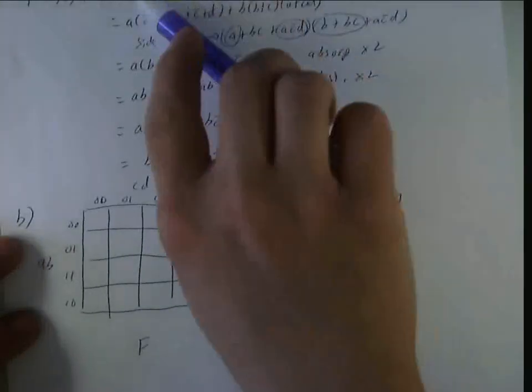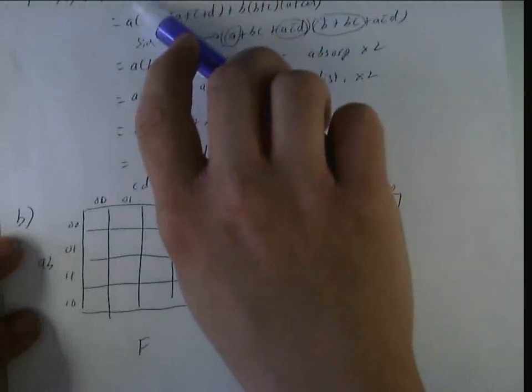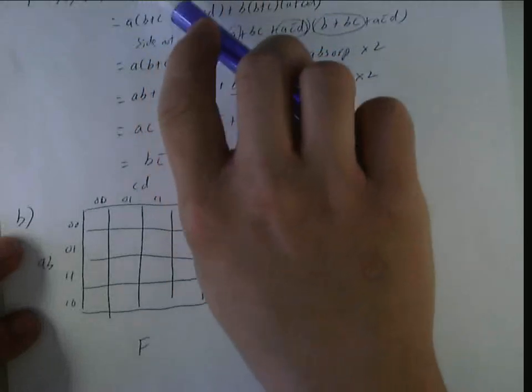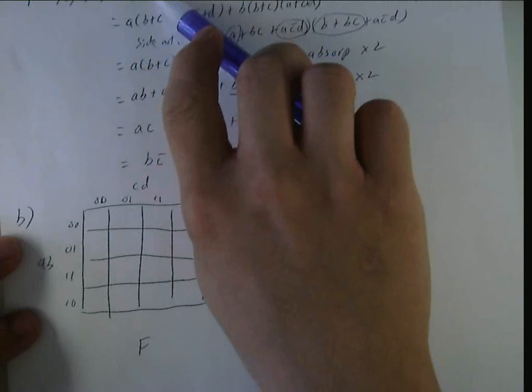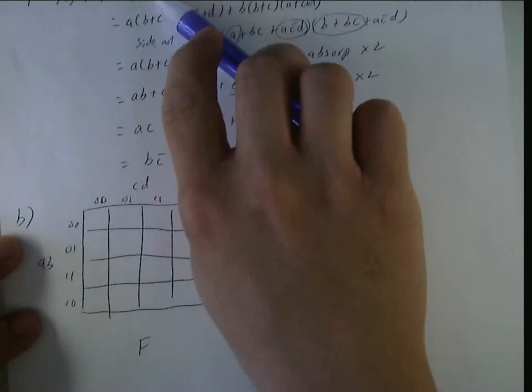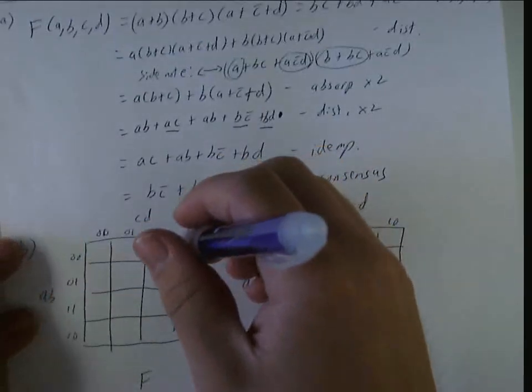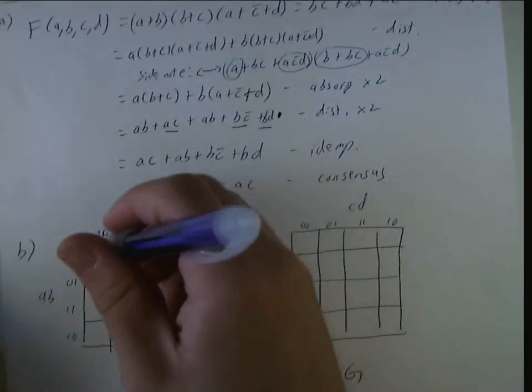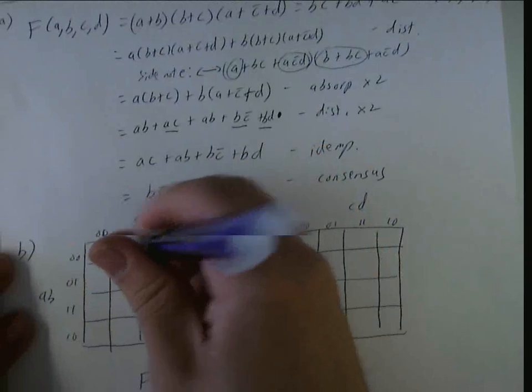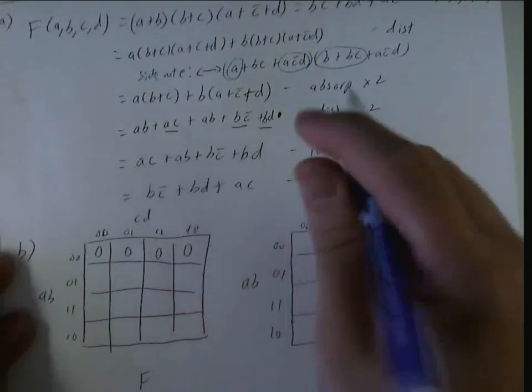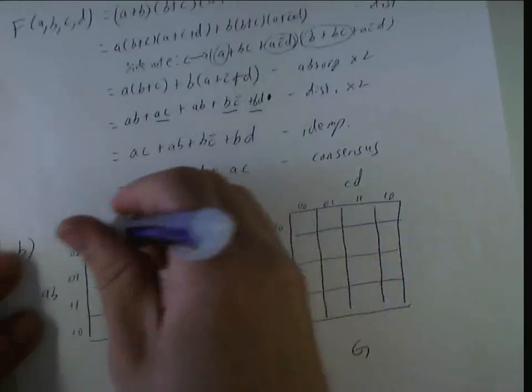So this is when A and B are both 0, is when this is 0. So this is 0, 0, 0, 0. So that's one loop.